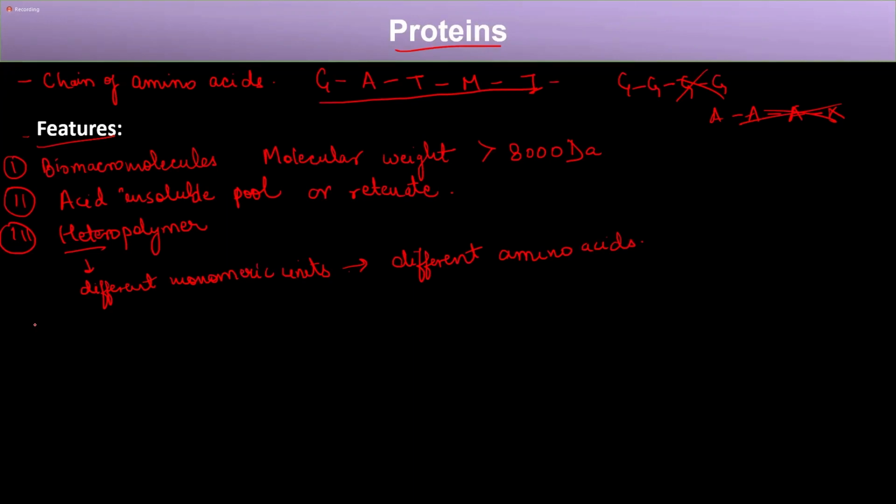Now, if we talk about the nature of amino acids, what is the nature of an amino acid? It is amphoteric, which means it can act both as an acid and a base. Why? Because if you remember, amino acids are zwitterions, right?